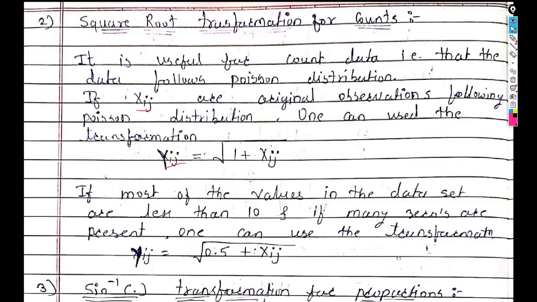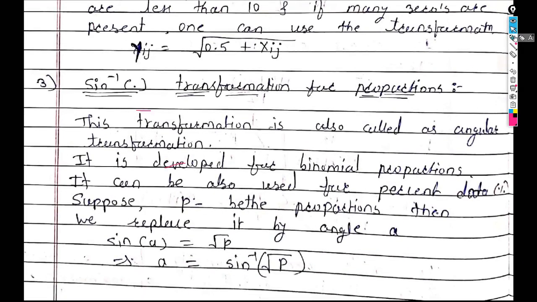And the next, third method is sine inverse transformation for proportion. If our data is binomially distributed, then we use the sine inverse transformation.